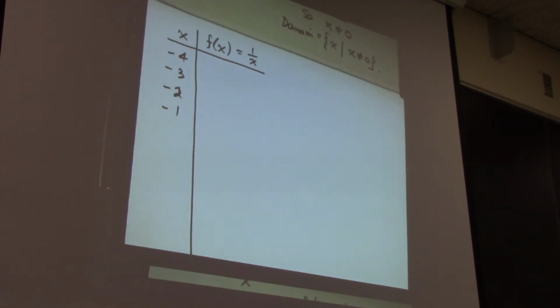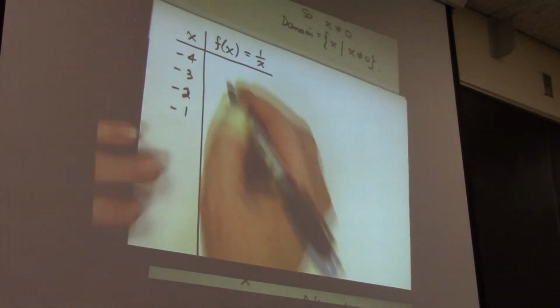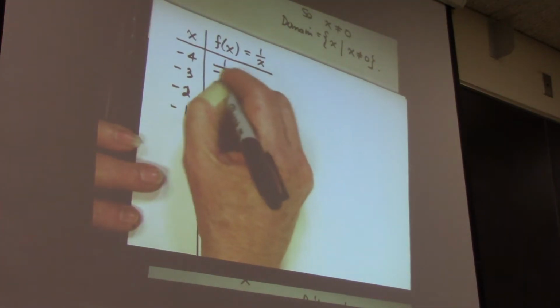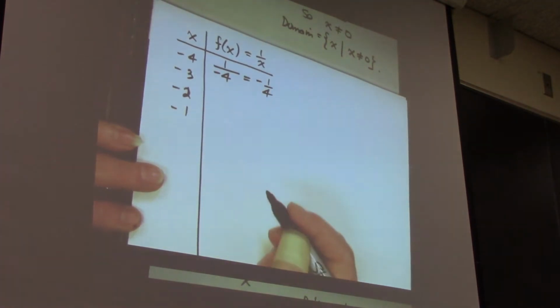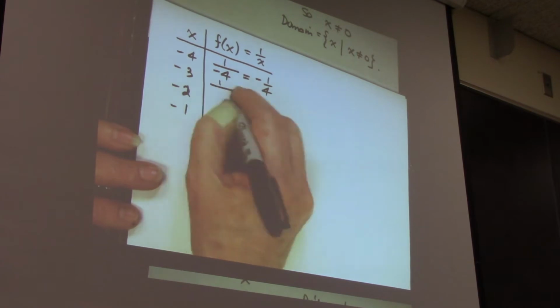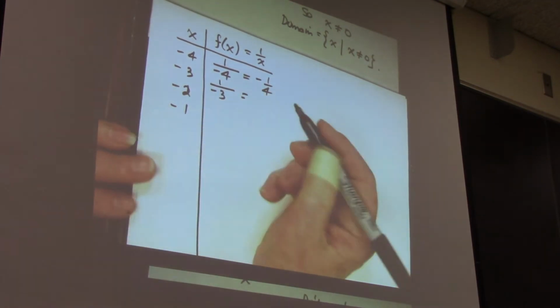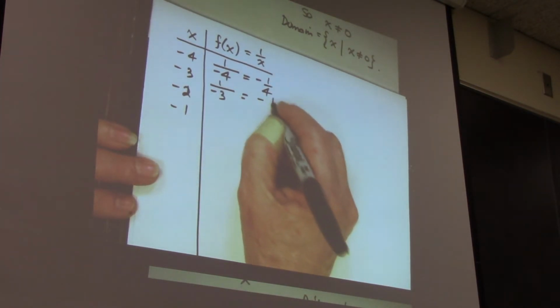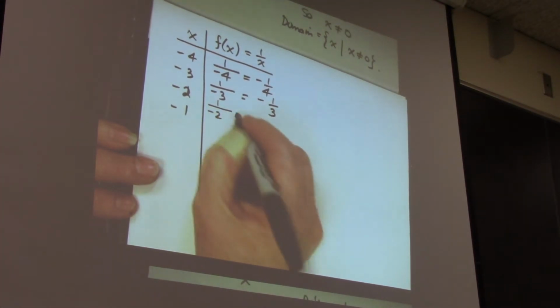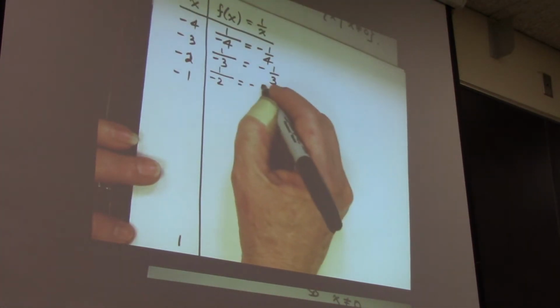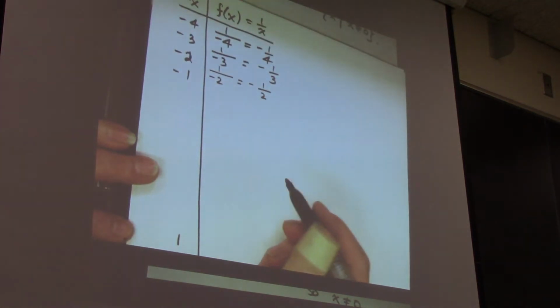If x is negative 4, y is 1 over negative 4, which is negative 1/4. If x is negative 3, y is negative 1/3. When x is negative 2, y is negative 1/2.